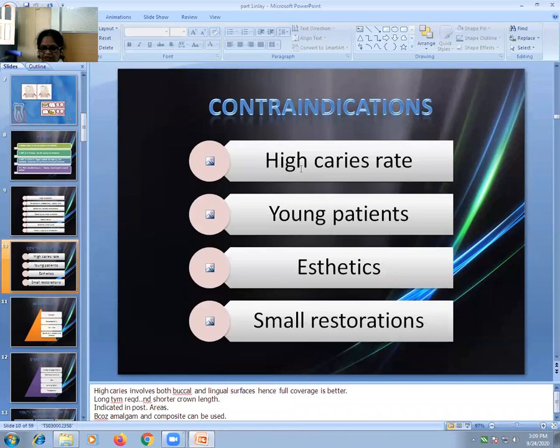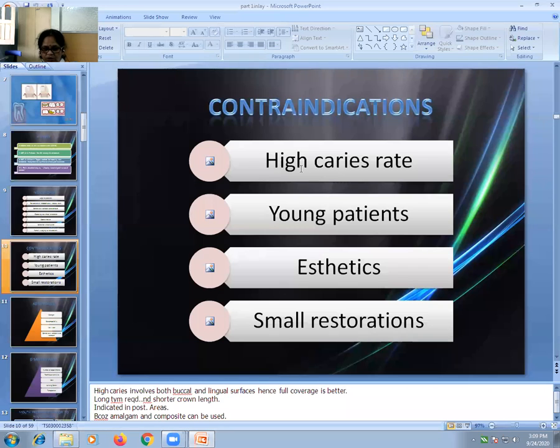Then what are the contraindications? Whenever there is a high caries rate, because this restoration is rooted in the oral cavity, the spread of the caries will be more. In the young patient, it is contraindicated, and whenever aesthetics is important. Still, the composite inlays or ceramic inlays are coming up in the field nowadays to cover this aesthetic contraindication.